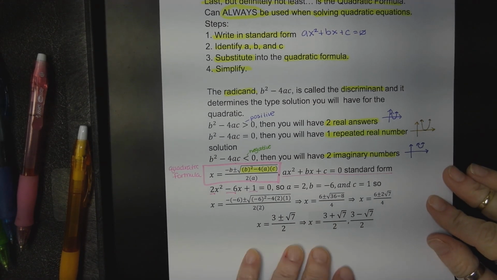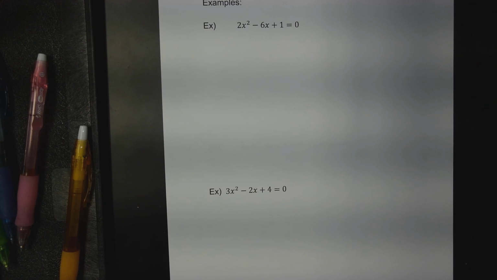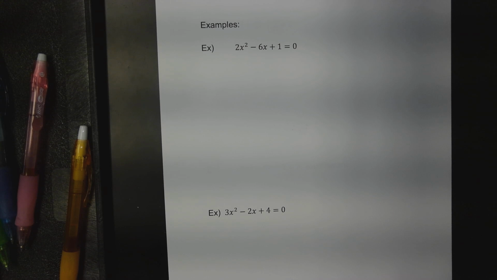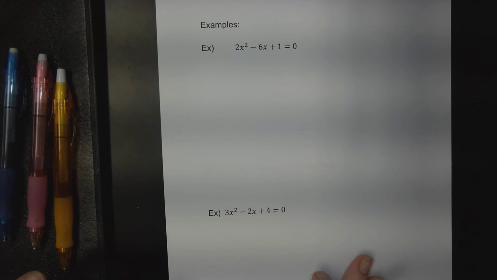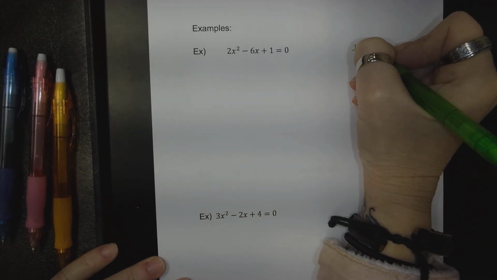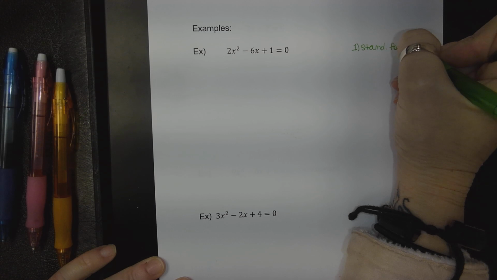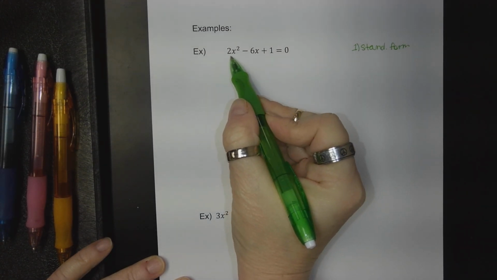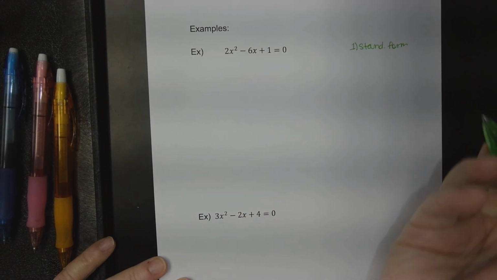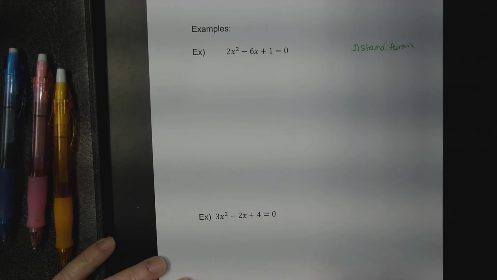So let's do a few. So the first step is, is it in standard form? Because there's a polynomial equals 0, so we're in standard form, yes.